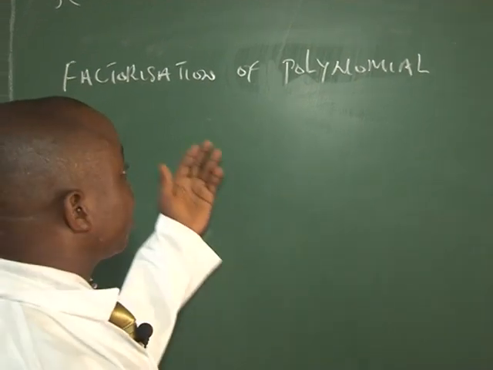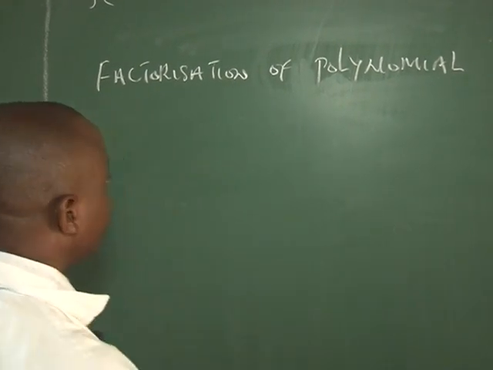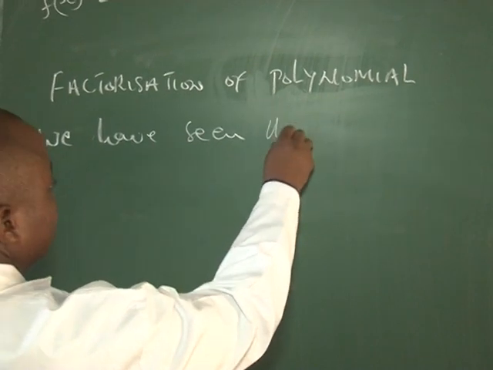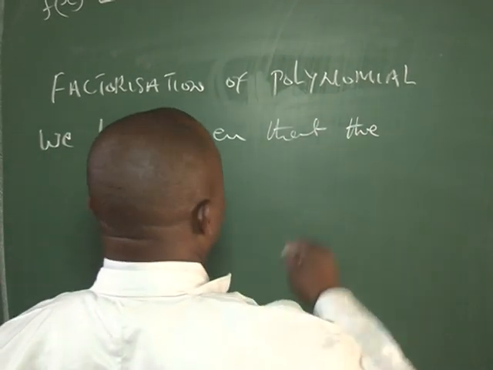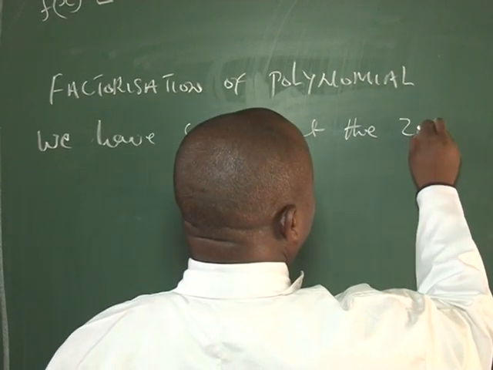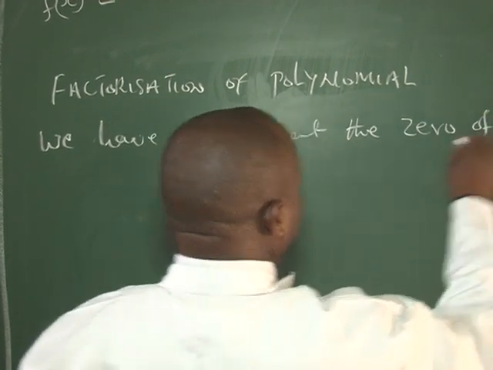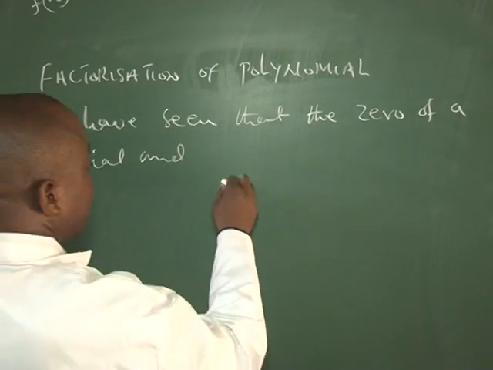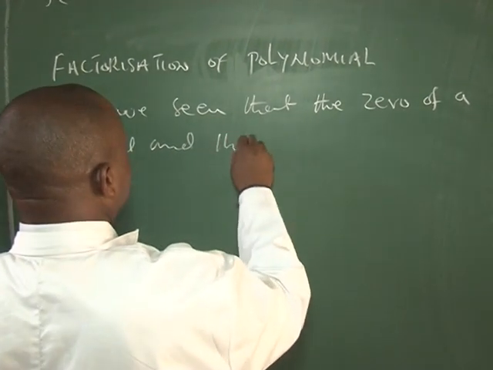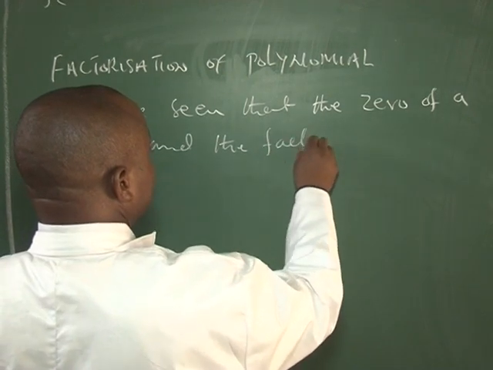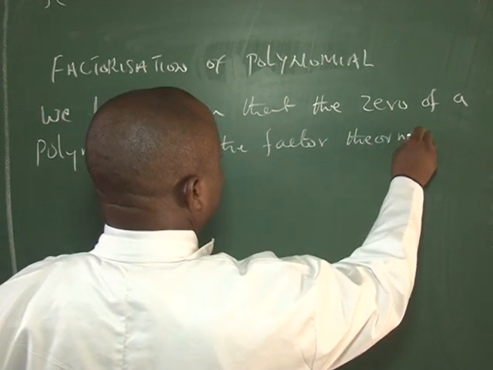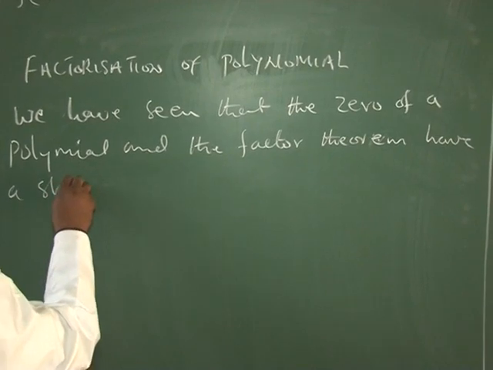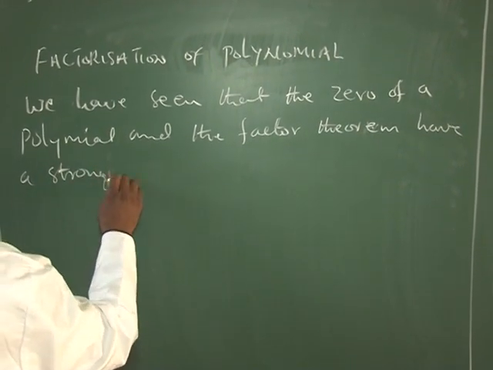Now, next we look at factorization of polynomial. We have seen that the zero of a polynomial and the factor theorem have a strong relation.